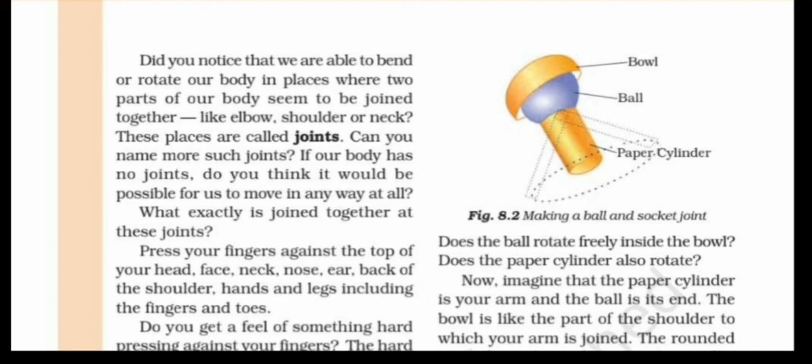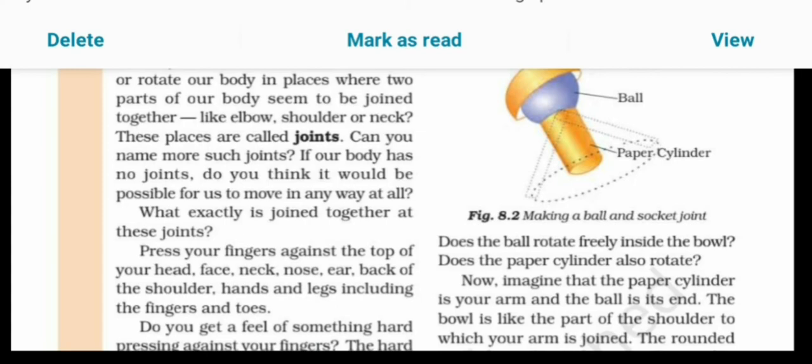And afterwards the shoulder is there, and the arm is joined at the shoulder point. Then the head is connected to the other part of the body with the help of the neck bone. So you can say that the two parts of our body are joined at what is called a joint.